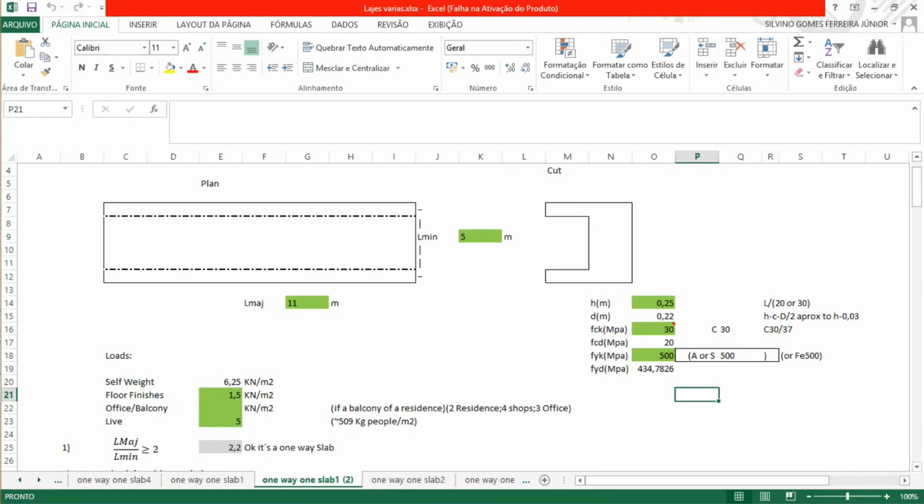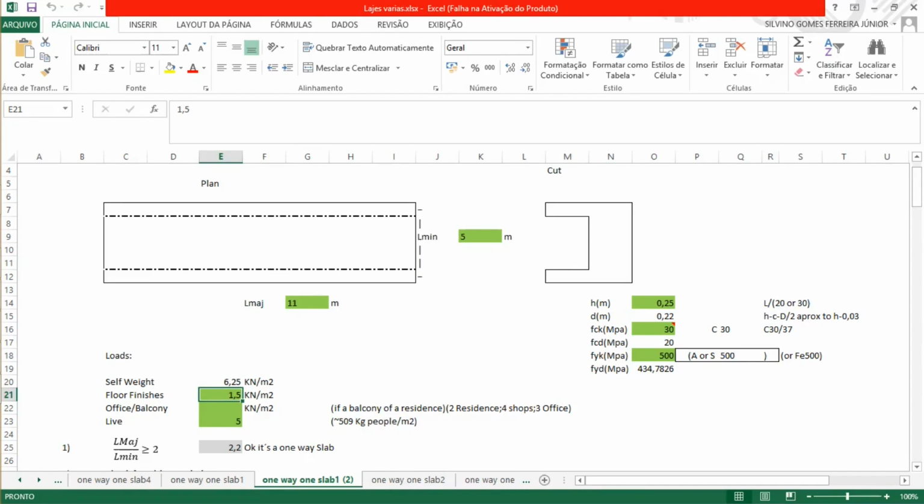We're gonna consider on the slab something more realistic to what we usually calculate in buildings. So here we have to determine the self-weight, that will be the total depth 0.25 meters multiplied by the density of the concrete 25, which gives us this value.